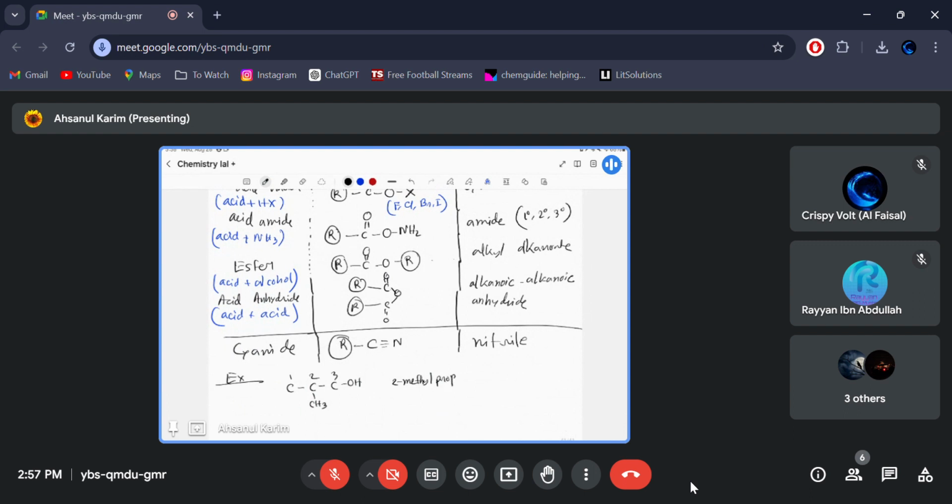Prop, right? Because it is 3 carbon. Then you have to use an, correct? Because there is no double bond. And what is the secondary suffix for OH? It is ol, right? So the name will be 2-methyl propanol. Now use the vowel rule. You have 2 vowels, so remove 1. So now you have 2-methyl propanol. Ishfaq, any confusion with this?